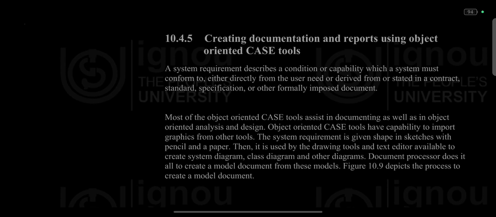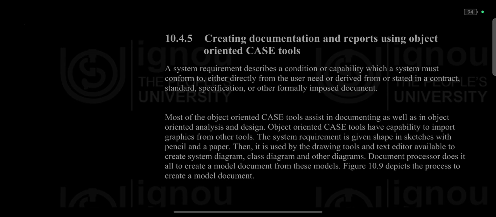The system requirement is given shape in sketches with pencil and paper. Then it is used by the drawing tools and text editor available to create system design, class diagram, and other diagrams.